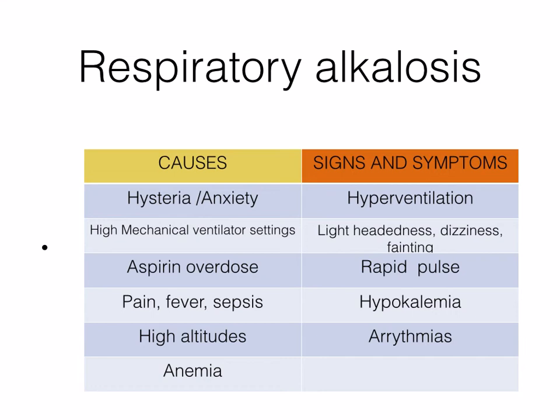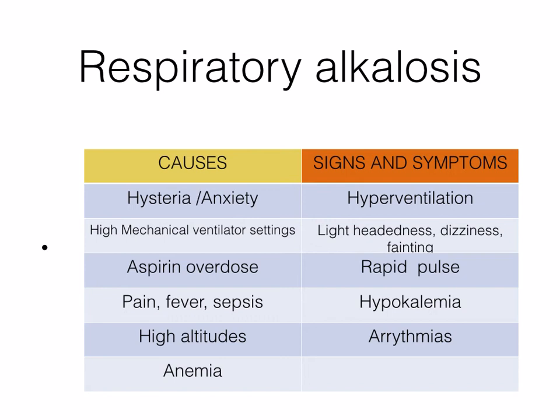So there are low red blood cells to carry oxygen, causing hypoxia, and the hypoxia causes increased respirations to get more oxygen. So the patient breathes faster, and he's exhaling more carbon dioxide.